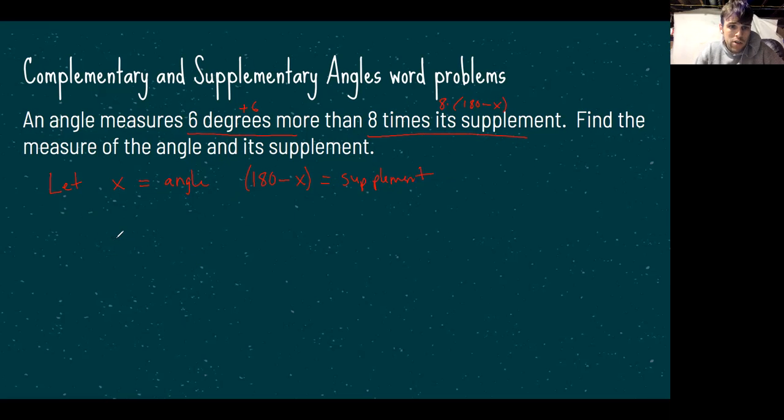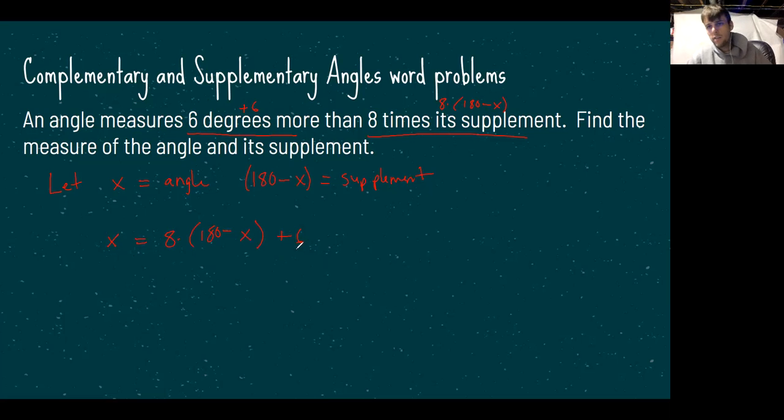So an angle measures, that means that our angle is equal to this, 6 degrees more than 8 times its supplement. So 6 degrees more than this, that means I'm going to be adding 6 to that. So that's what I'll have. I'll have 8 times my supplement and adding 6 onto that. And so this equation should represent this relationship.